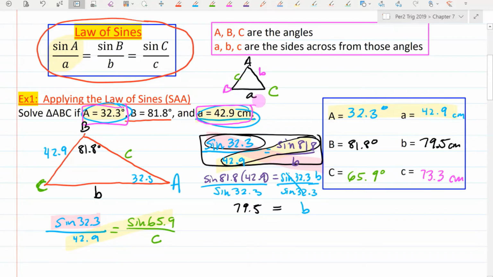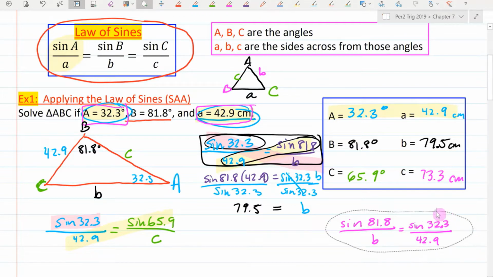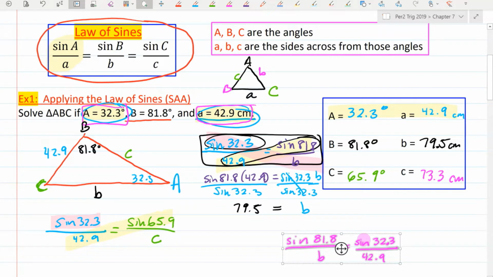Okay, so if you actually set this up like this, and you put the A in the middle, so you did sine of B over B, sine of A over A, and again, let me move this a little bit, and sine of C over C. This is sufficient work for me.